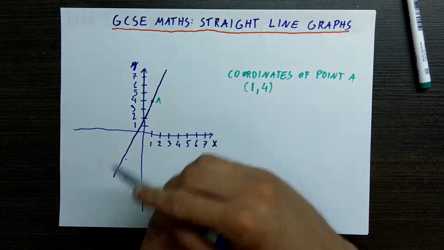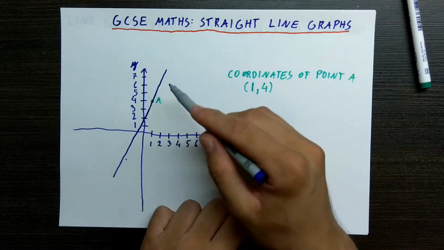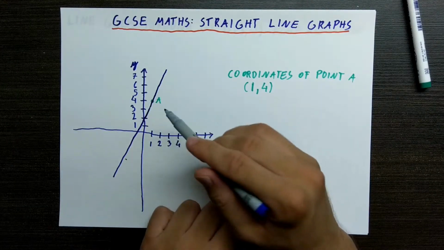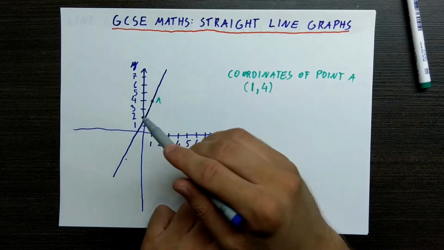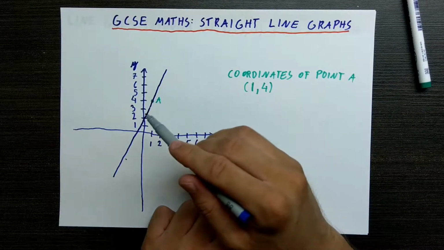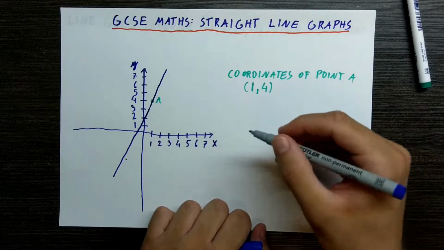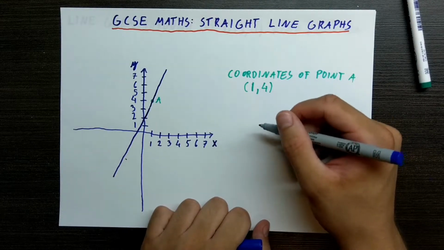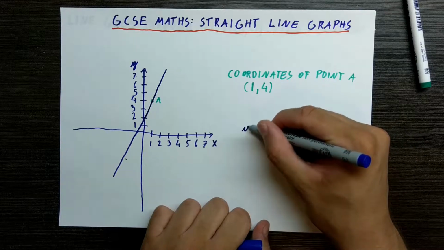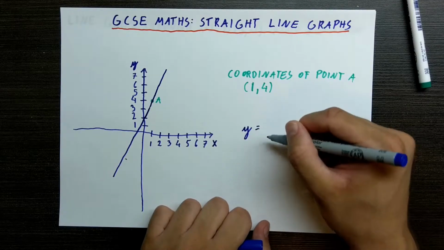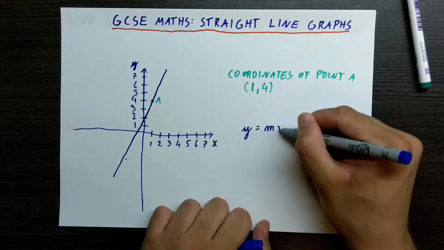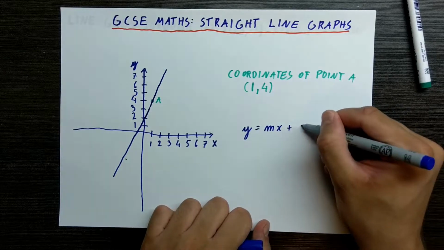How do we describe this one specific line exactly? Well, we describe this line using an equation of a straight line. Now, what is that equation? It is y equals mx plus c.